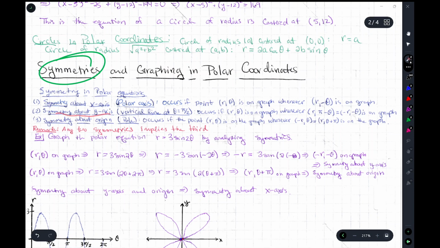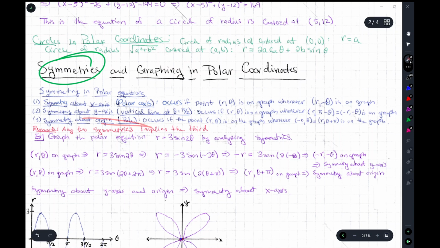We also have symmetry about the y-axis, or symmetry about that vertical line at theta equals pi over 2. And this occurs if (r, theta) is on the graph whenever (r, pi minus theta), which is equivalent to (negative r, negative theta), is on the graph.